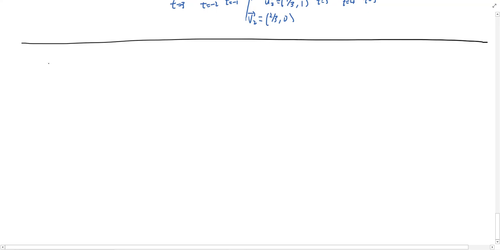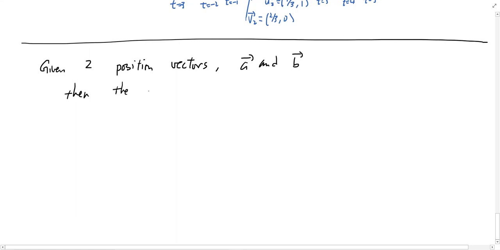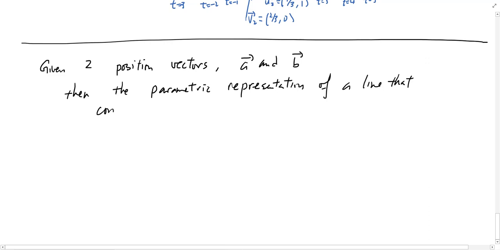So let's say we're given 2 position vectors, in this case vector A and vector B. Then the parametric representation of a line that contains these 2 points is given by the following formula.